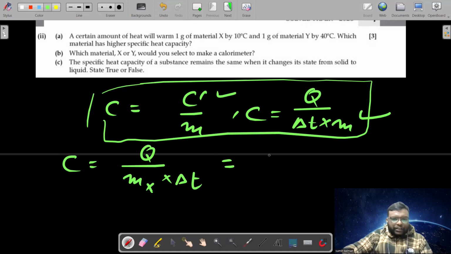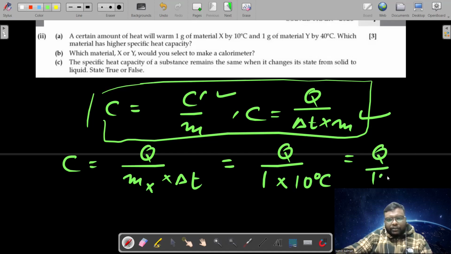So here mass is 1 gram and change in temperature is 10 degrees Celsius. So it will become Q by 10 per gram per degree Celsius. This will be the unit of specific heat capacity, that is per gram per degree Celsius.